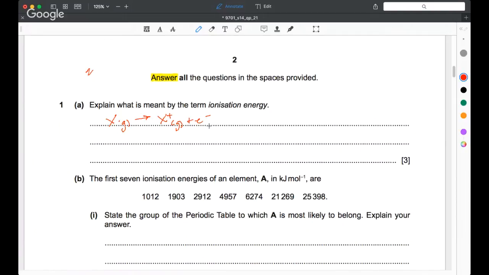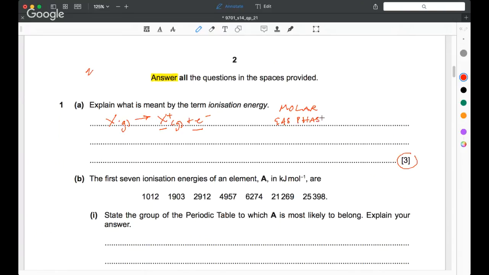And when the examiner was commenting on these questions, because there's 3 marks you can see there, most students were communicating this kind of idea, that you're forming an ion here because you're removing an electron. Students were fine on that, but they were weak on explaining that this was related to molar amounts and that it took place in the gas phase.